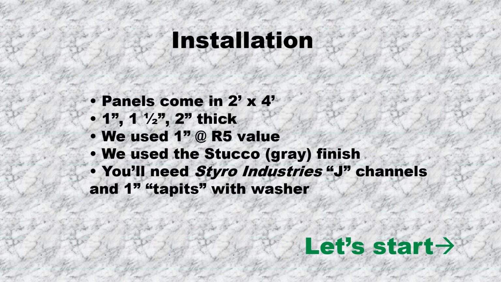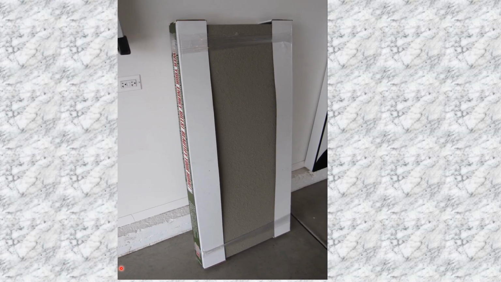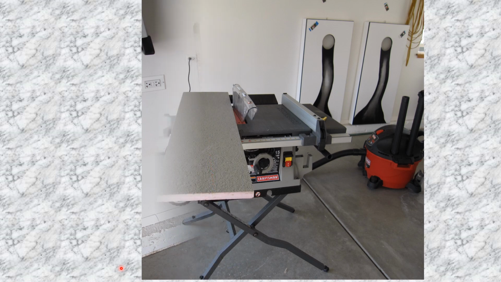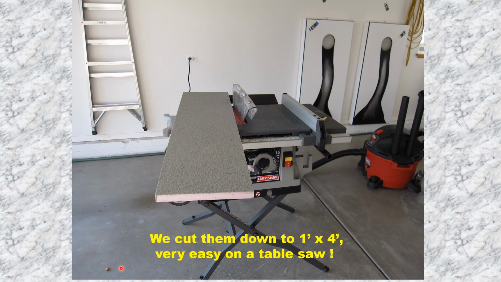So let's start. Cutting. Yep. So let's see about cutting. By the way, that's how they come. There's 4 to a pack. Now, gotta cut them. By the way, a table saw does a great job.